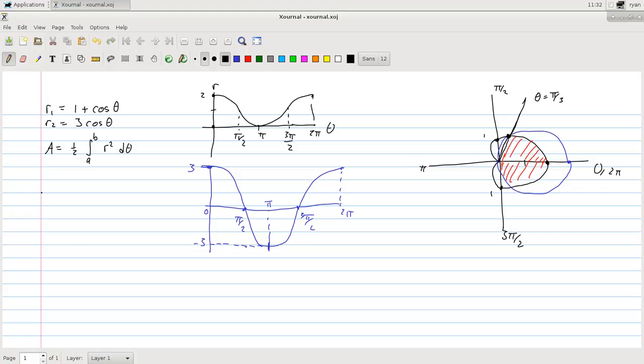So now, to continue setting up our integral, we know that our area, if we look at just the area of the top piece, will be 1/2 the integral of r squared from a to b. And then we're going to double this to get the area of the whole thing. However, this top area, the curve that we're integrating breaks into two pieces.